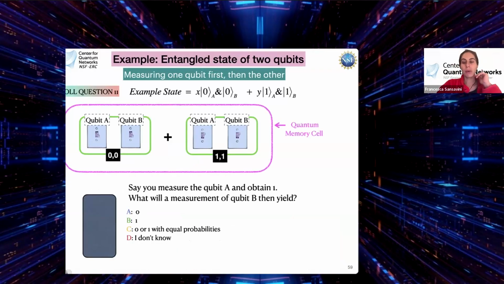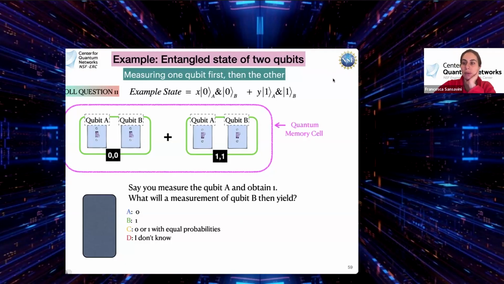Now, another question is, imagine you measure qubit A and you obtain 1. What do you expect now from a measurement of qubit B? Do you expect 0, 1, or 50% 0 and 50% 1? We have kind of mixed results here.